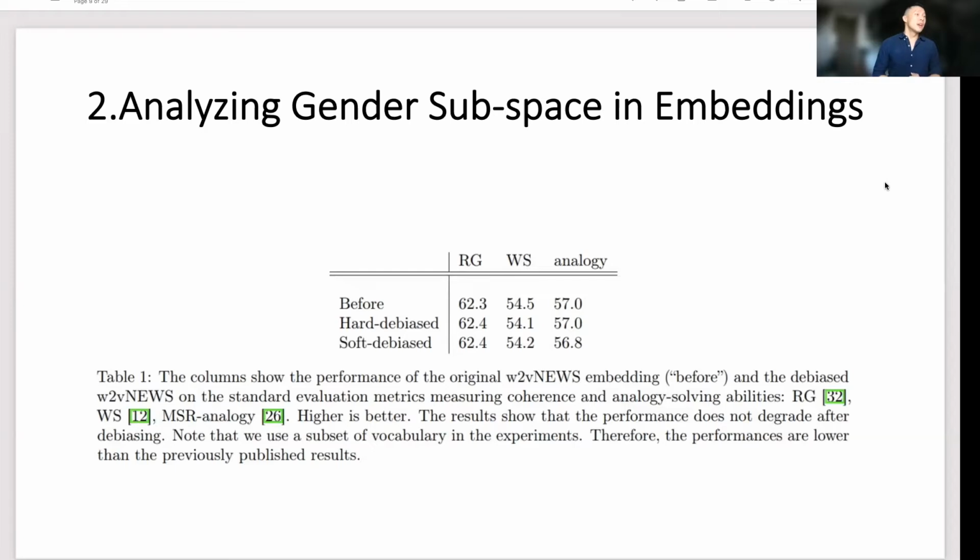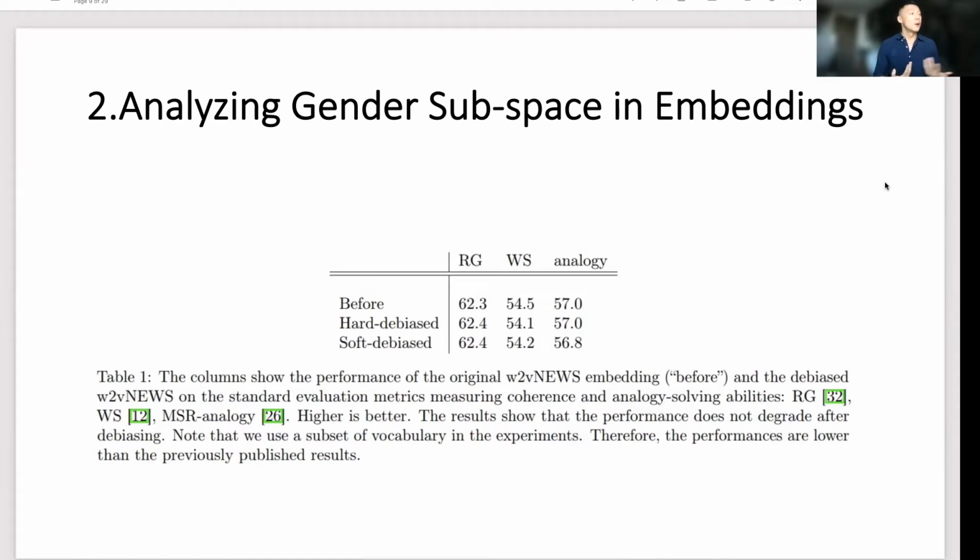So in this study, for example, they look at hard bias and de-bias. So we should have this kind of results, right? On each column we have RG, which is the training set of sorts, which I won't talk about. We have word similarity, WS, and analogy tests. Those are the tests that will test whether the word embeddings that we are using are effective or not.